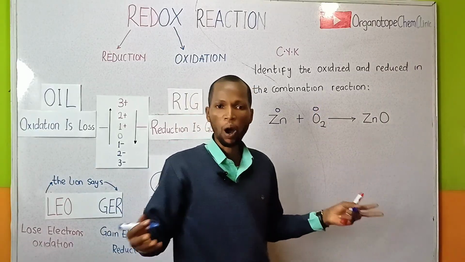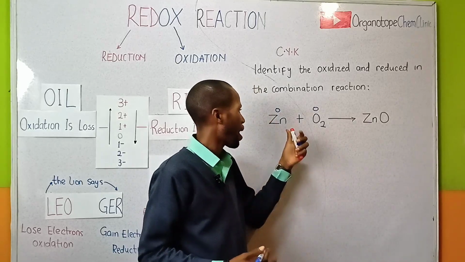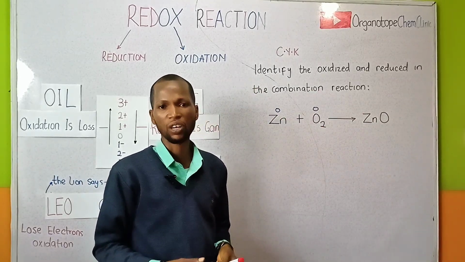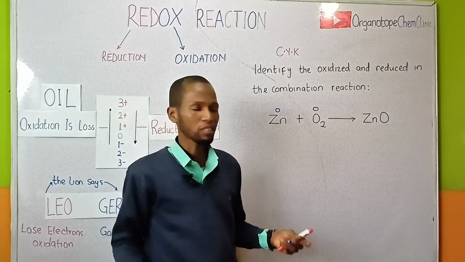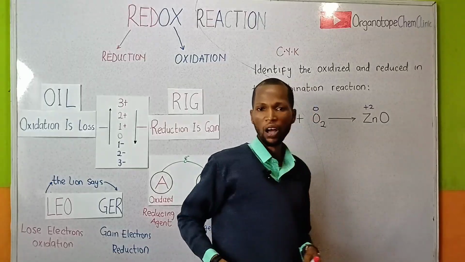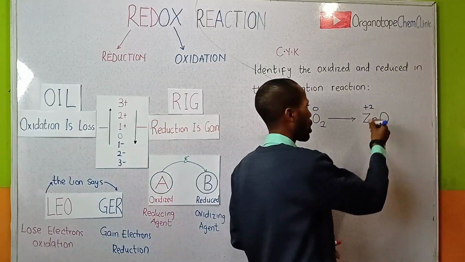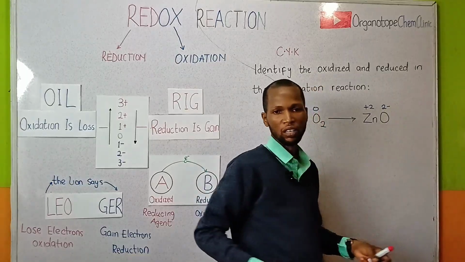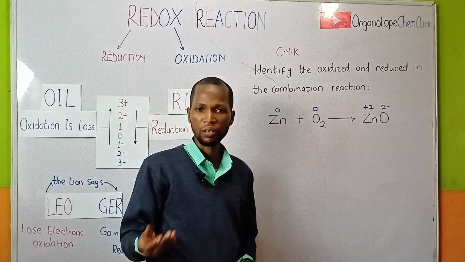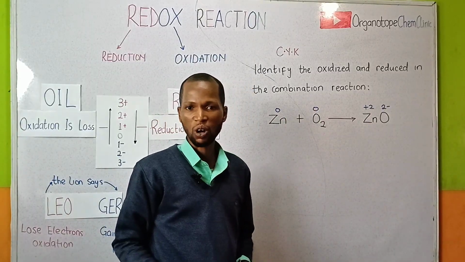0. But when they combine, there is an exchange of electrons, whereby zinc donates electrons while oxygen gains electrons from the zinc. So when zinc donates electrons, it becomes zinc 2 plus, and when the oxygen gains the 2 electrons, it becomes 2 minus. Okay, so can we identify the oxidation and the reduction process? 0 to plus 2 implies what?